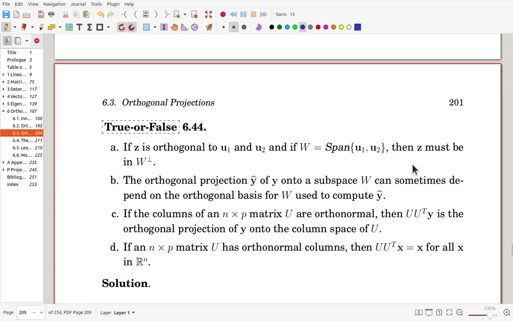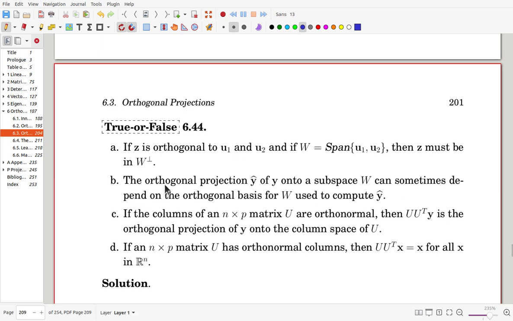Once you check if a vector is in W perp, the perpendicular subspace, you don't have to check every vector in W, just use the spanning set. If the vector is orthogonal to the spanning set, then it must be orthogonal to the spanned subspace. So it must be true.